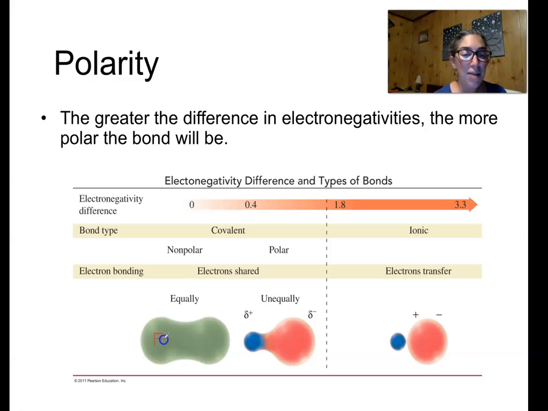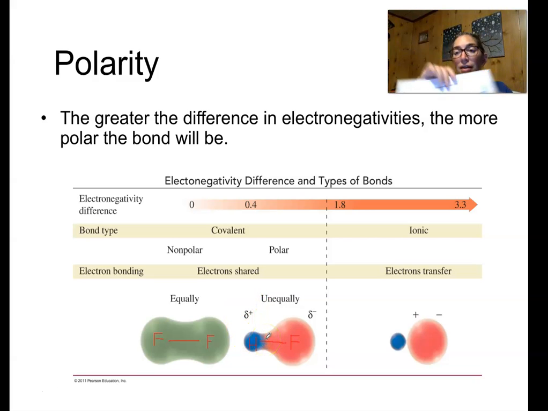It's an electron hog, but if you have two fluorines together, they share equally, and that's a nonpolar covalent bond. If you have two that share unequally, like let's say this is fluorine and this is hydrogen over here, fluorine's a big hog. It's going to hog all those electrons from hydrogen. It'll be slightly negative, and the hydrogen will be slightly positive.